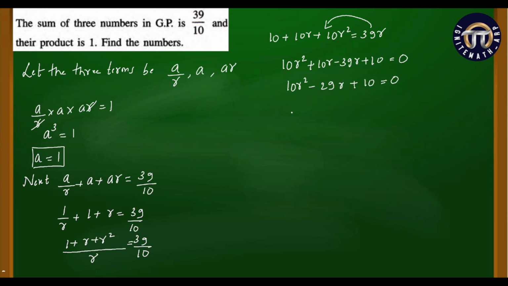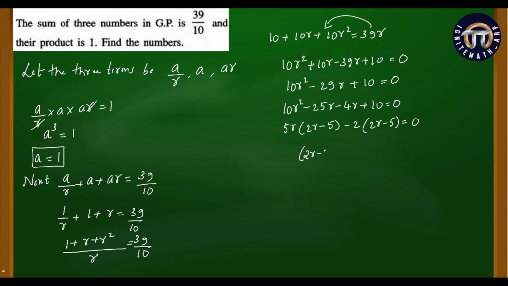Now this is the quadratic equation. I need to solve this quadratic equation to find the value of r. So I get it as 10r square minus 25r minus 4r plus 10 is equal to 0. So here I can take out 5r common, then 2r minus 5, minus 2 can be taken common, 2r minus 5 equal to 0.